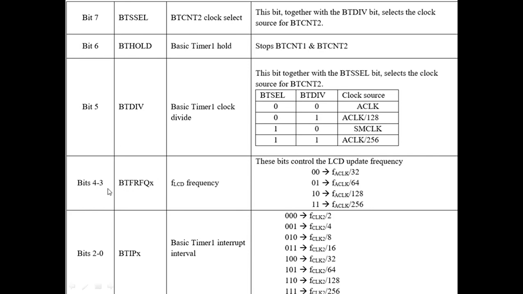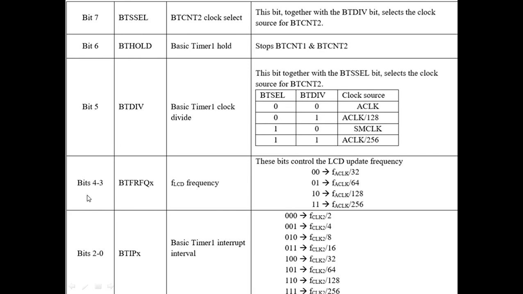Similarly, whenever its bit value is 10, at that time that auxiliary clock frequency is divisible by 128, that means 0.25 milliseconds.